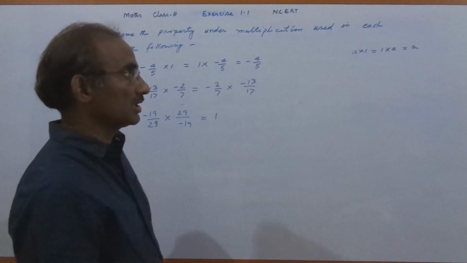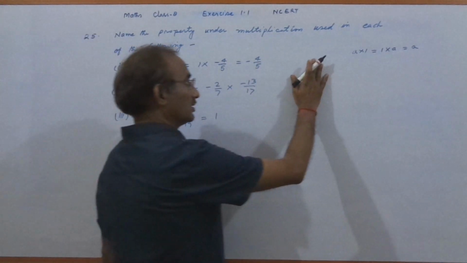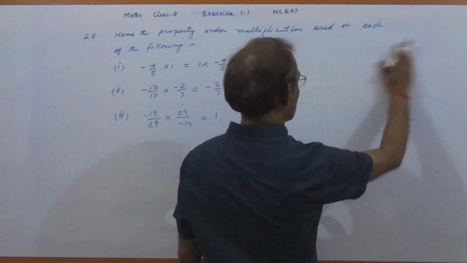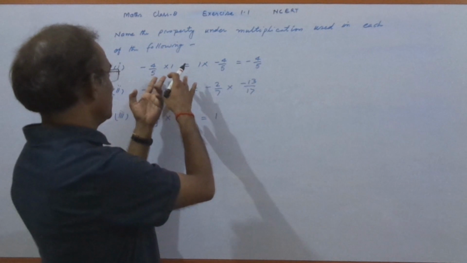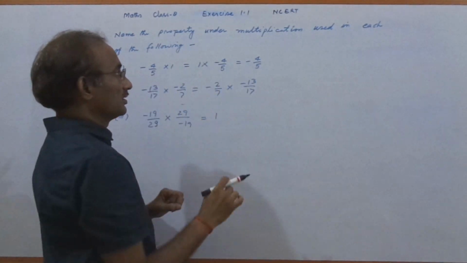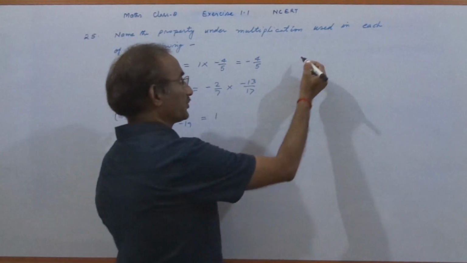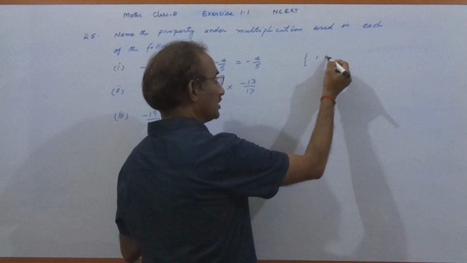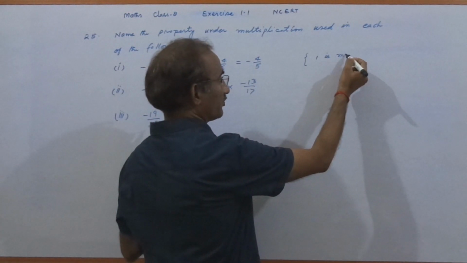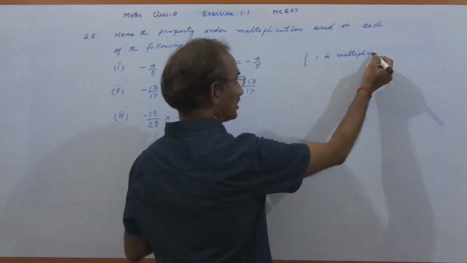So 1 is called the multiplicative identity. So this property is multiplicative identity.